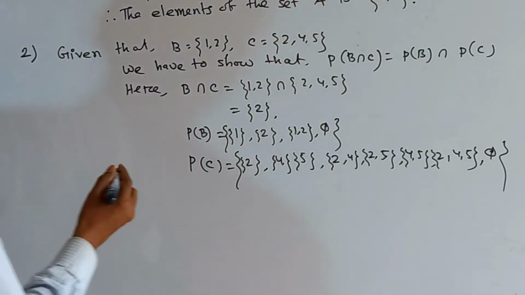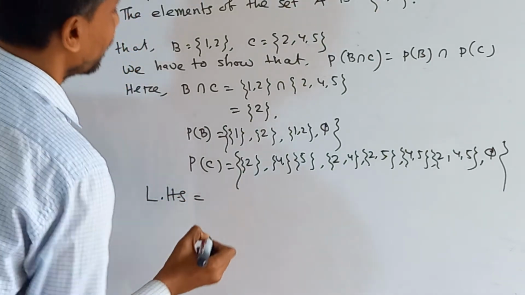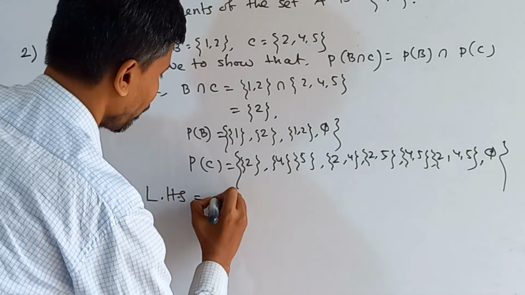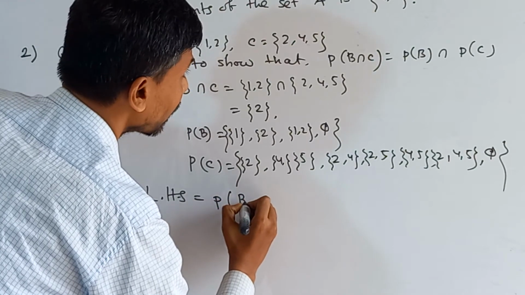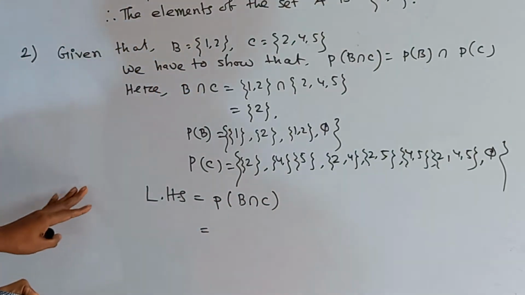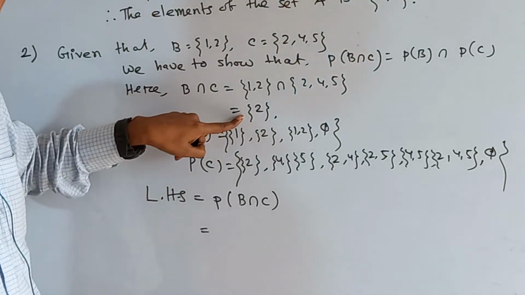Now, the left hand side. Left hand side equals power set of (B intersection C). B intersection C equals {2}.